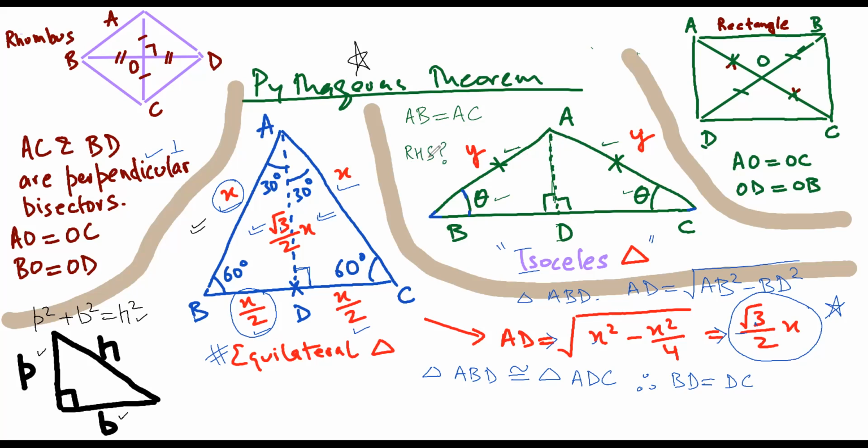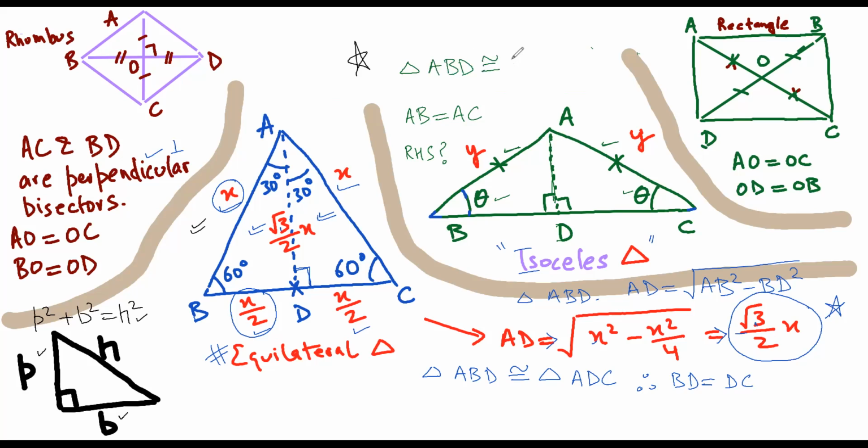So if I apply RHS, then triangle ABD would be congruent to triangle ADC. Any doubt? No, sir. Okay. So these two would be congruent triangles, and therefore this side would be equal to this side. Any doubt? No, sir.